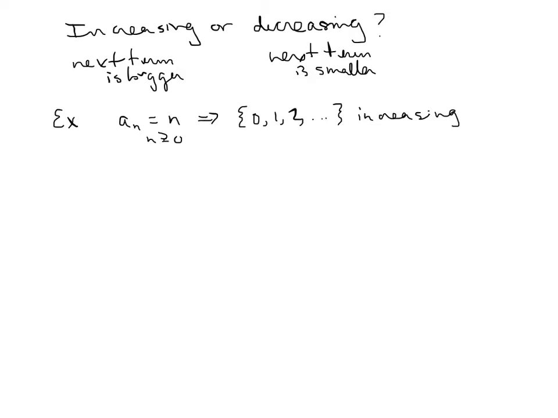We can also show this in general by saying that the next term, n plus 1, is bigger than the one before it. The next term is bigger than the previous term.